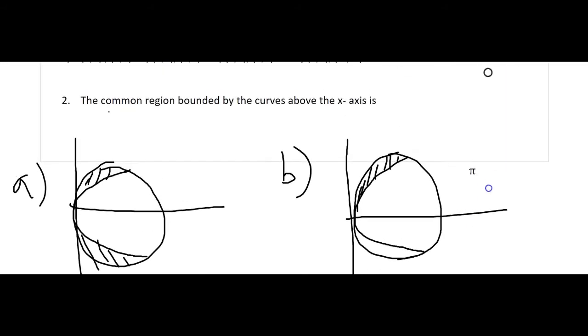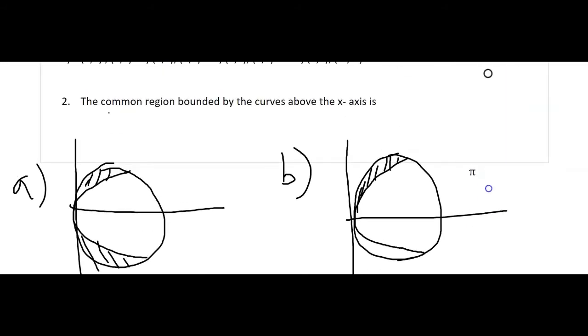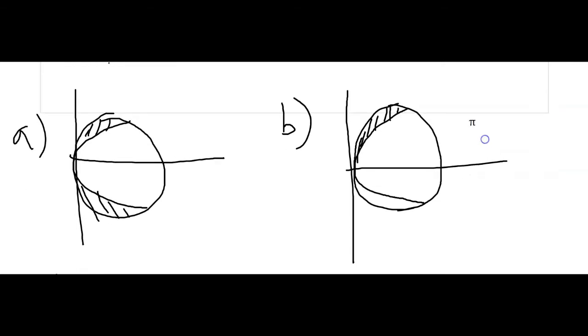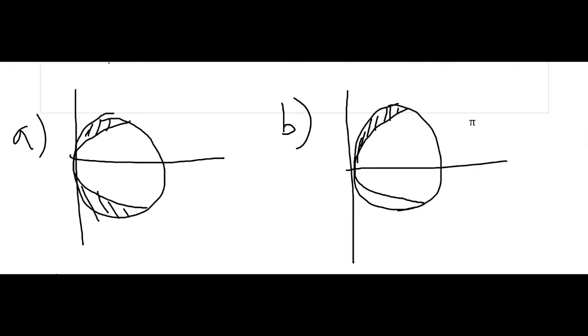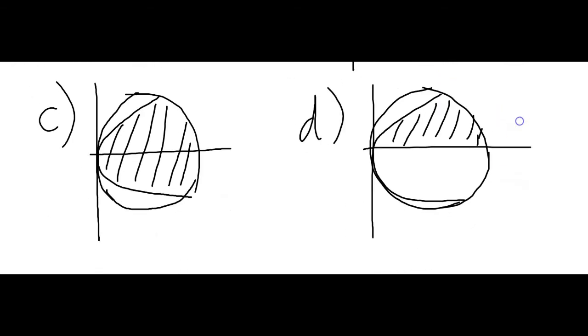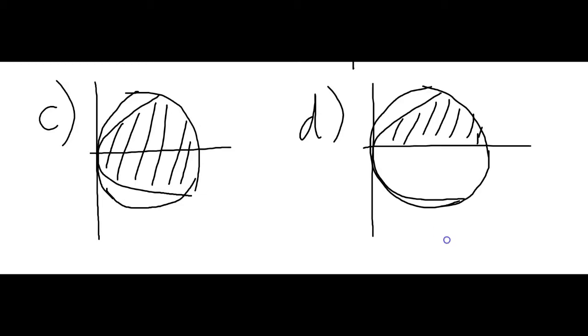It says the common region bounded by the curves above the x-axis. Above the x-axis means it should be this portion of the curve, which is going to be the correct option. So option D is correct. We might be confused between C or D, but clearly the problem says it is above the x-axis, so option D should be the correct answer.